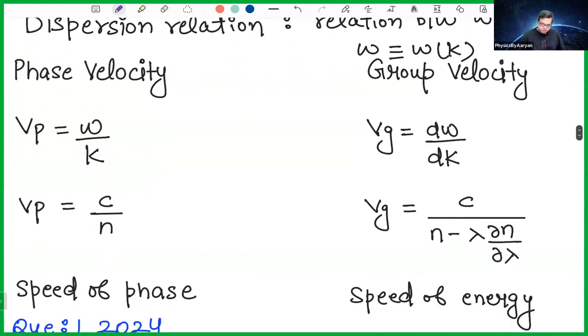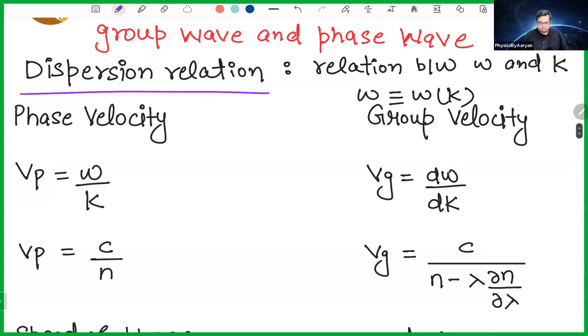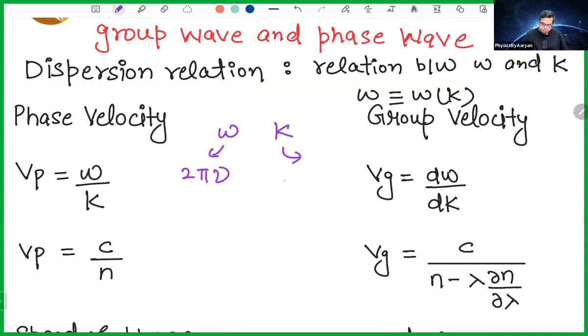Phase velocity is given by, but first of all, you should know what the dispersion relation is. The dispersion relation is a relation between omega and k. Omega is known as the wave frequency, or angular frequency, which is 2 pi nu, and k is known as the wave vector, which is 2 pi by lambda.